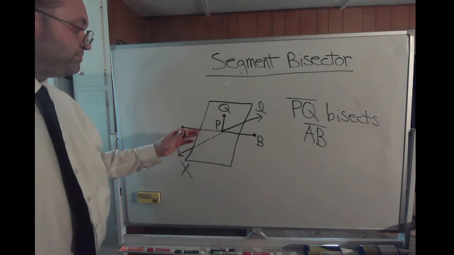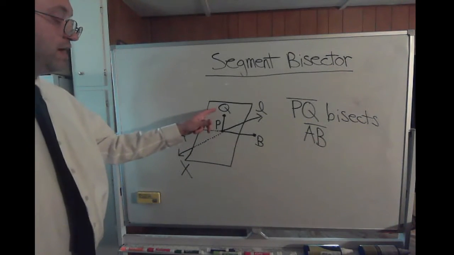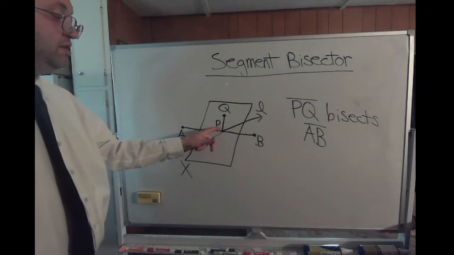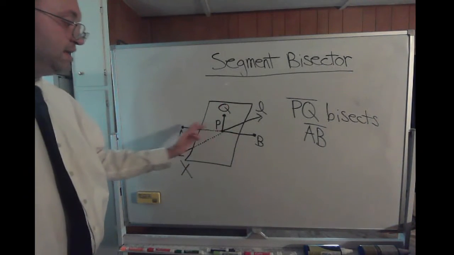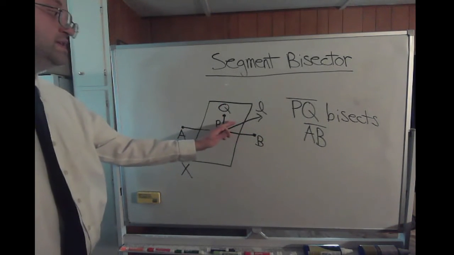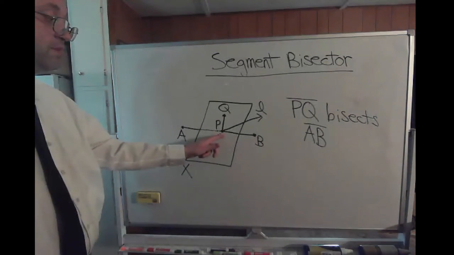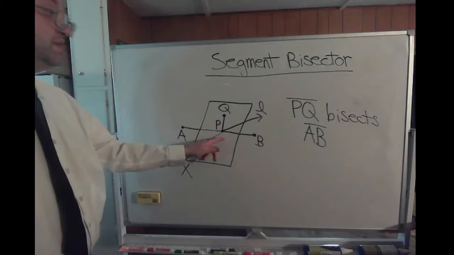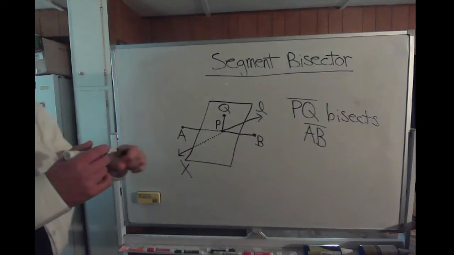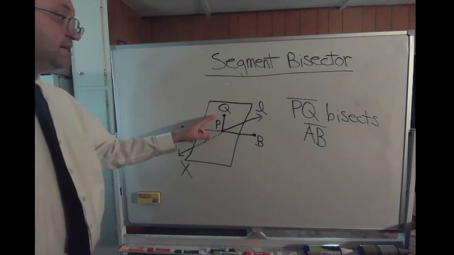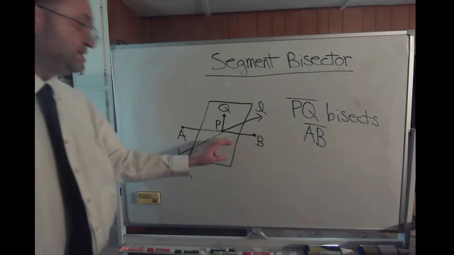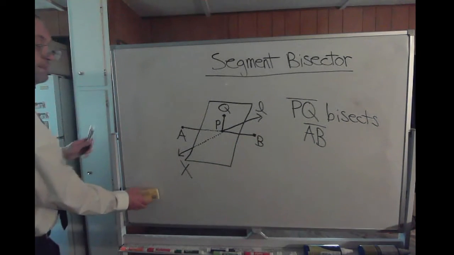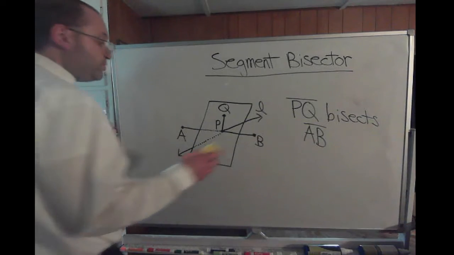And right above it, you have line segment PQ that touches line segment AB right in the middle of it. Since it touches it right at the segment's midpoint P, this can be considered a segment bisector. So line segment PQ is a segment bisector of line segment AB.